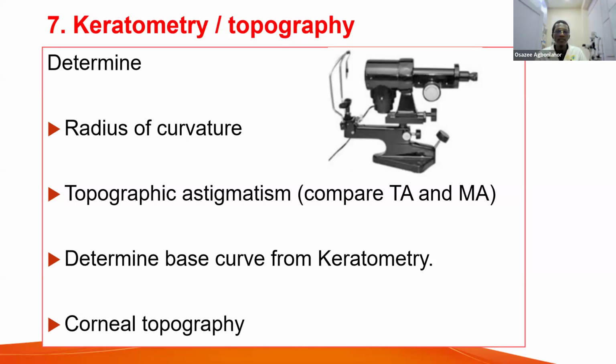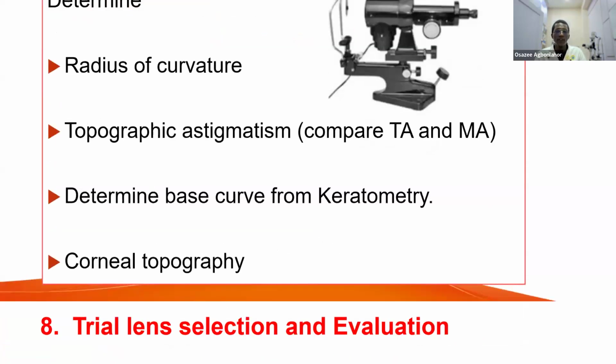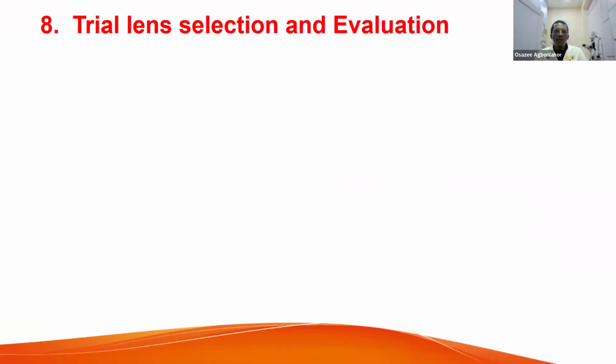We all know that the relationship is inversely related. Then you can determine the base curve using the curvature that you got from the keratometry. Base curve is contact lens related, while radius of curvature or curvature is cornea related. You can also do your corneal topography if you have that equipment.